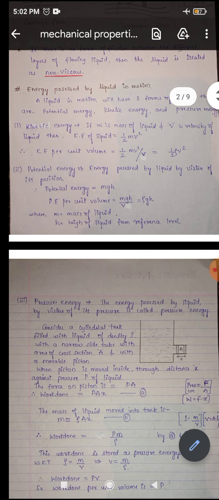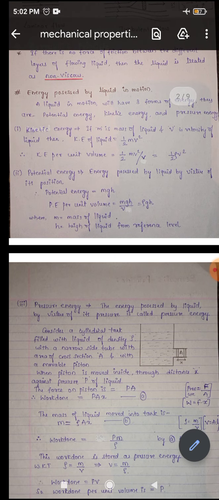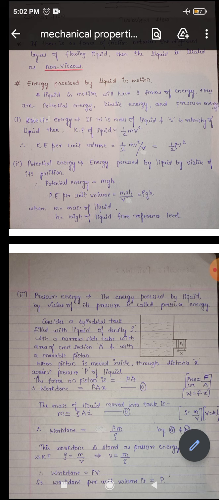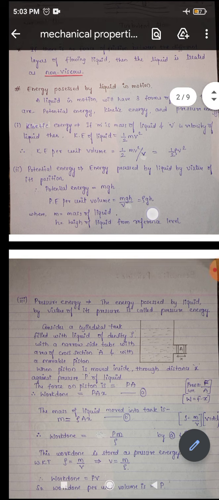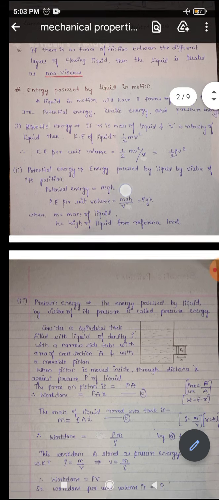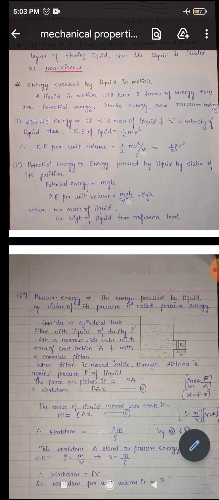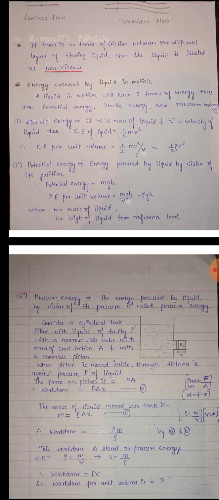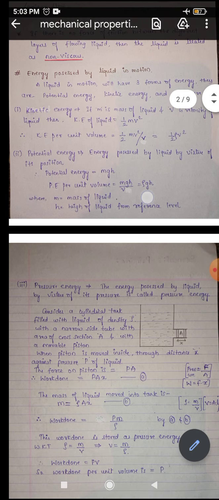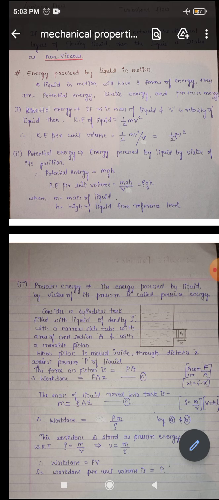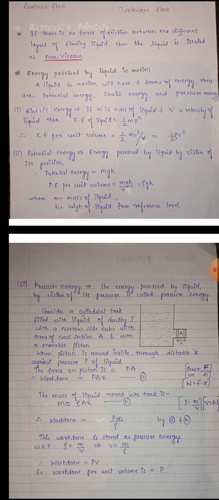And next, it is having the potential energy. The potential energy is the energy possessed by a liquid by virtue of its position. So we know the potential energy equals m g h, where m is the mass of the liquid, g is the acceleration due to gravity, and h is the height of the liquid from a reference line.